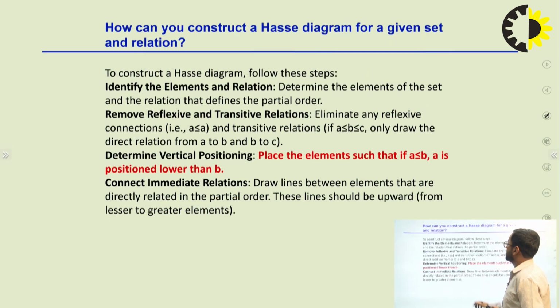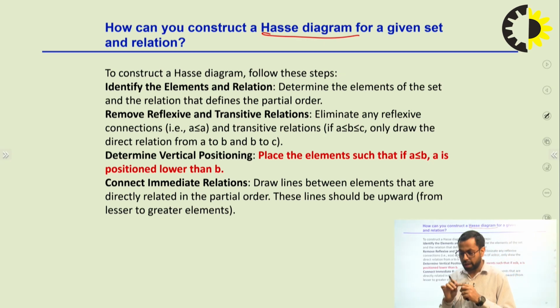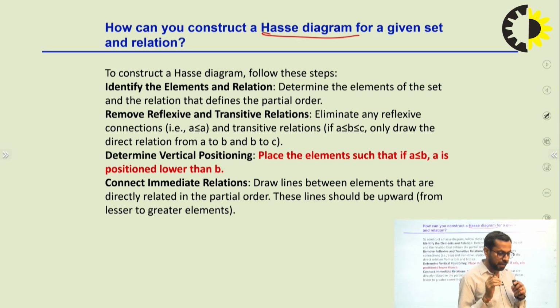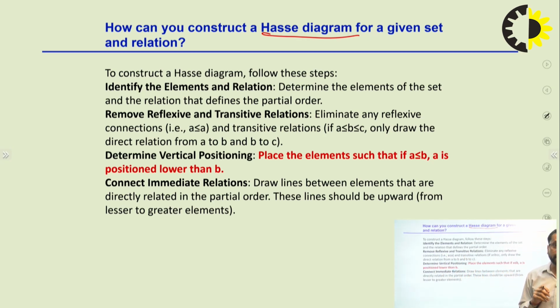How can you construct a Hasse diagram for a given set and relations? Firstly, we will use the element itself rather than a circled value. We use the identical element.